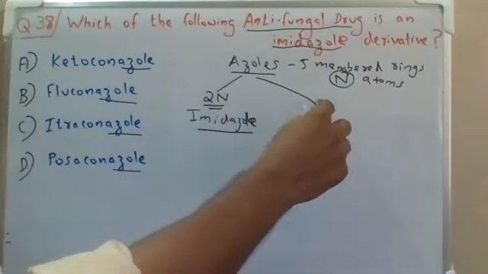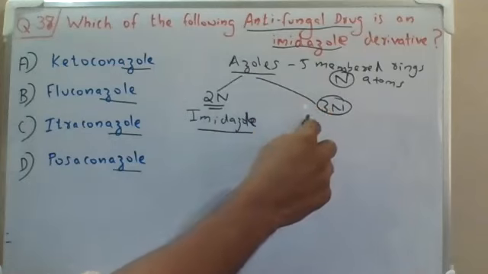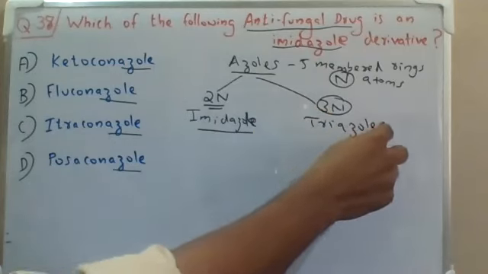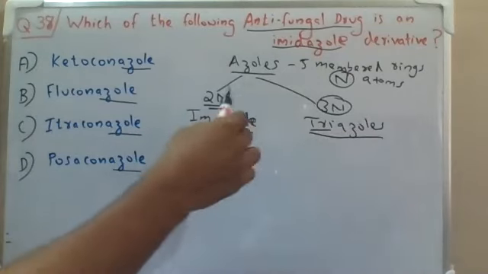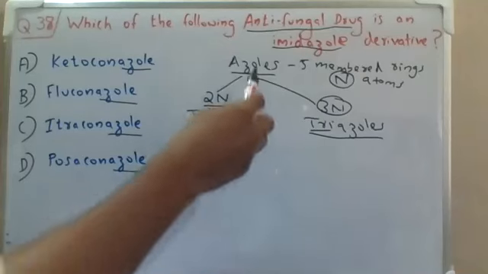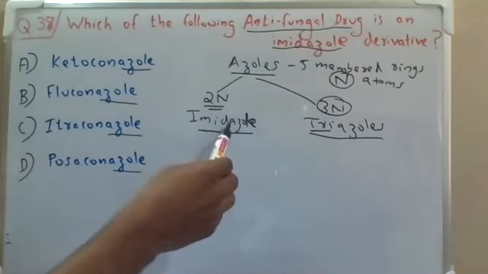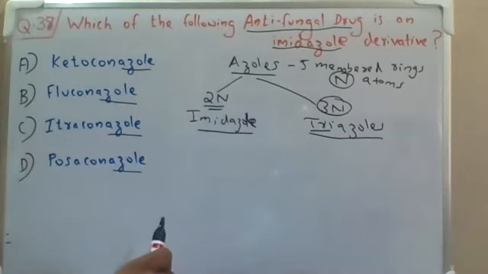Whereas if it contains 3 nitrogen atoms, that is called triazoles. The name tri indicates 3 nitrogen atoms. So these are the 2 important categories of azoles, imidazoles and triazoles, and the derivatives of both are extensively used as antifungal drugs.